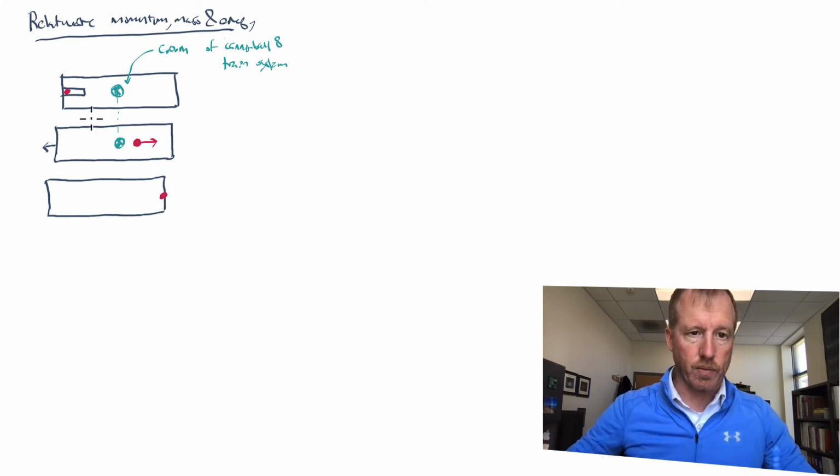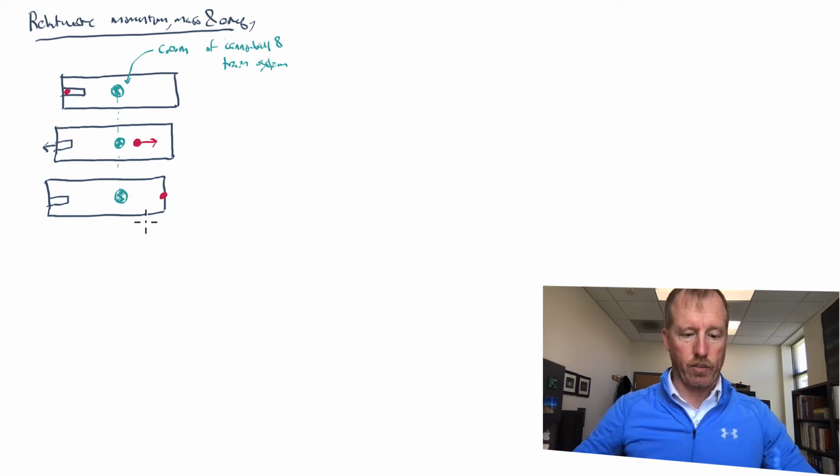I guess maybe to be consistent, I should still draw the cannon over here and the cannon over here. But this entire thing has now come to a rest, and once again, I just want to highlight that the center of gravity, or the center of mass, of this ball and train system has not moved. In other words, the center of mass is stationary throughout this entire process because there are no external forces acting on this.